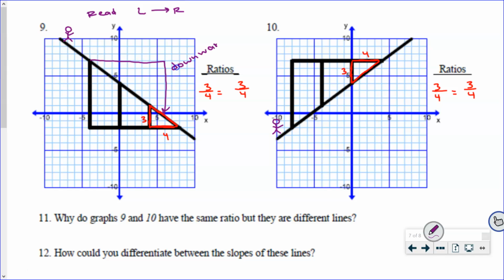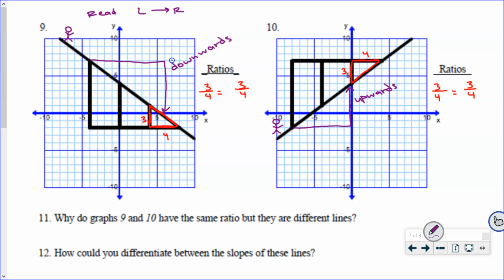No, I intentionally did not make a square because I didn't want you to think that was something special. What about here? When I'm moving from left to right, what is happening? I'm also going upwards. Because we need to remember that we read from left to right.